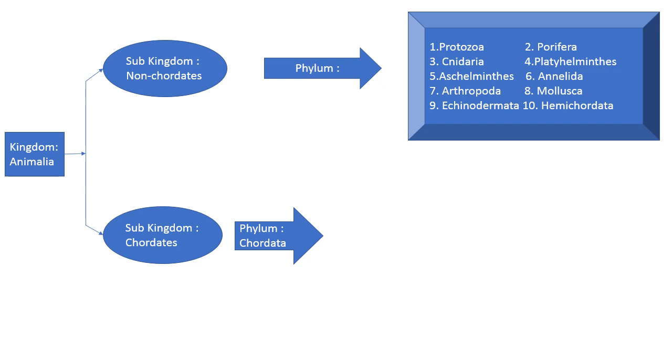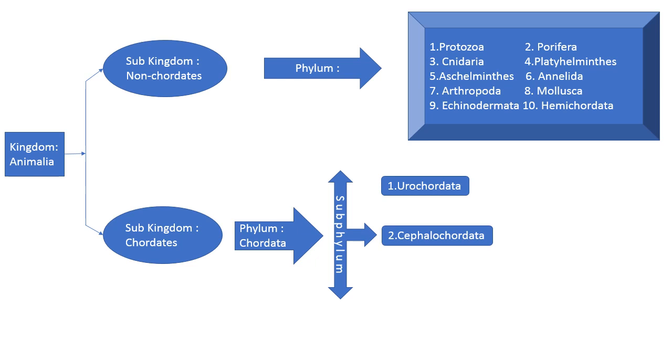This phylum chordata is classified into three subphylums, that is Urochordata, Cephalochordata, and Vertebrata. Okay, so kingdom Animalia is classified into subkingdom chordates, which is further classified into phylum Chordata. That phylum Chordata has the three subphylums Urochordata, Cephalochordata, and Vertebrata.